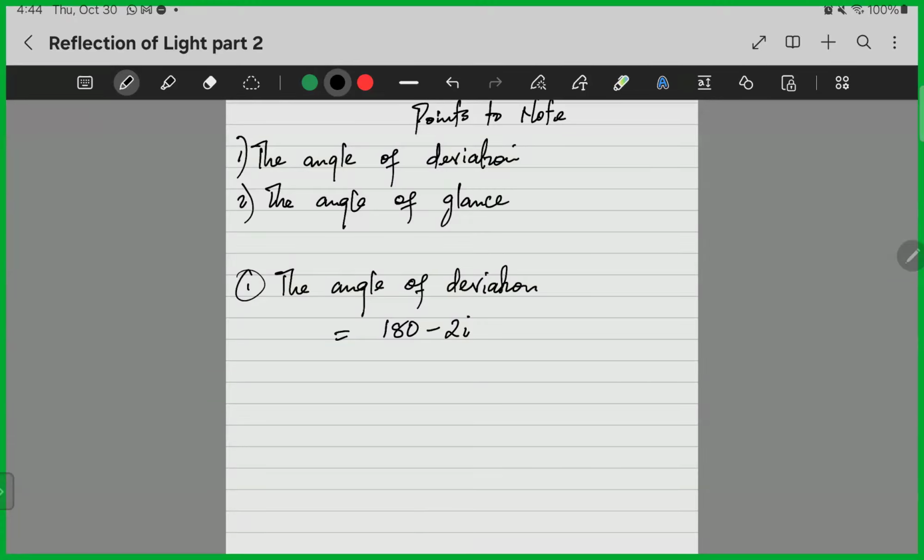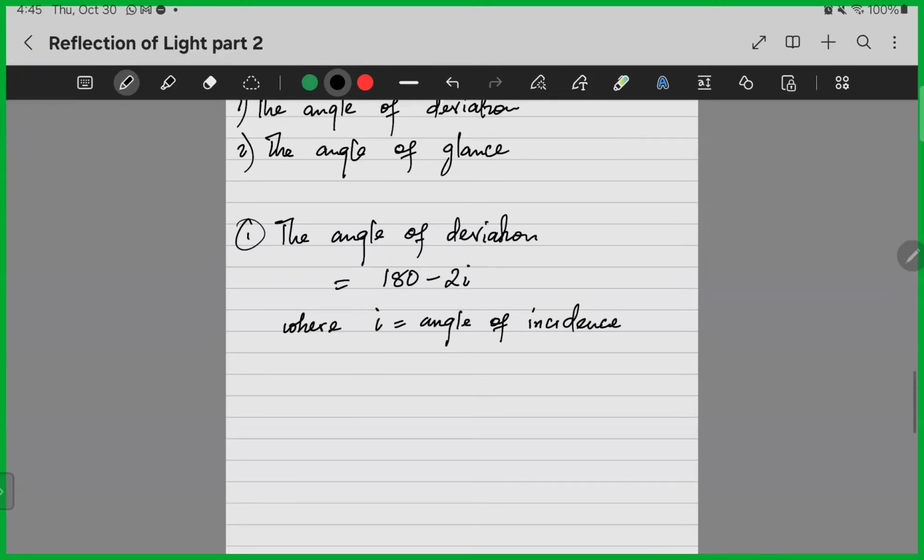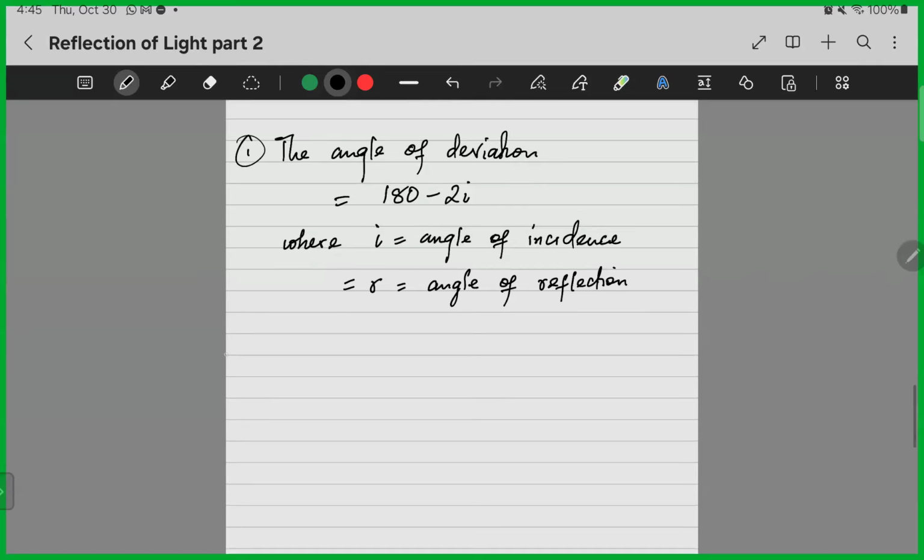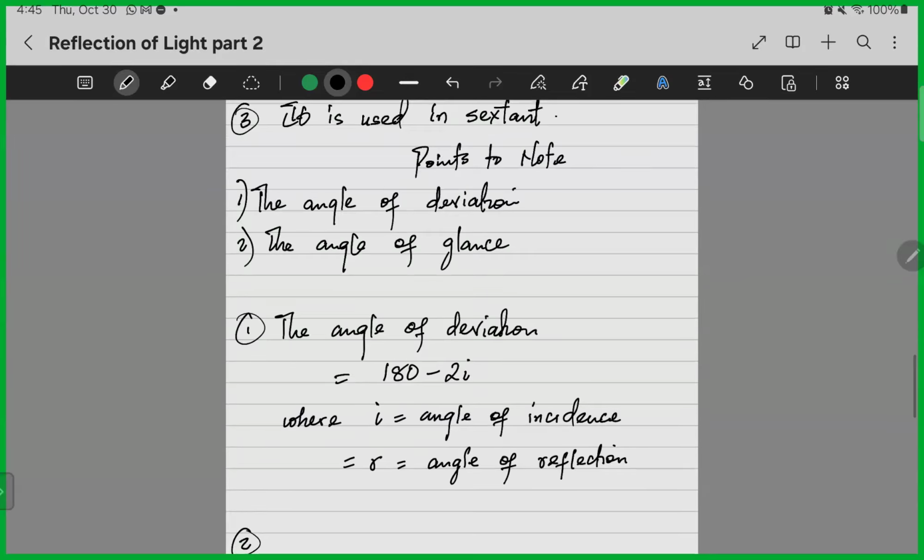Keep that in mind. Where i is equal to the angle of incidence, and that is also equal to r, the angle of reflection. We are dealing with reflection of light. So keep that in mind. That's for the angle of deviation.